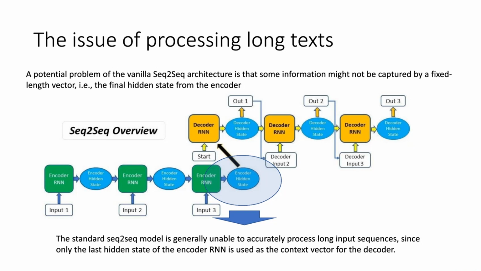That's the first issue. The second issue is that if one of the output elements of the sequence is related to input elements at the beginning of the input sequence, the distance is very far from the decoder.